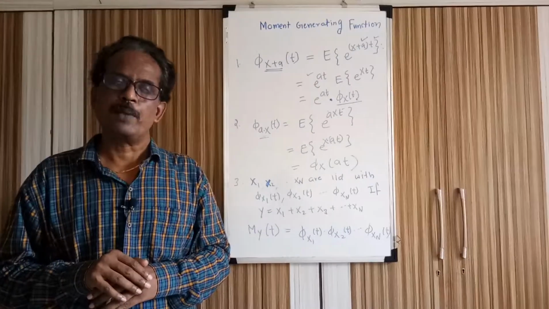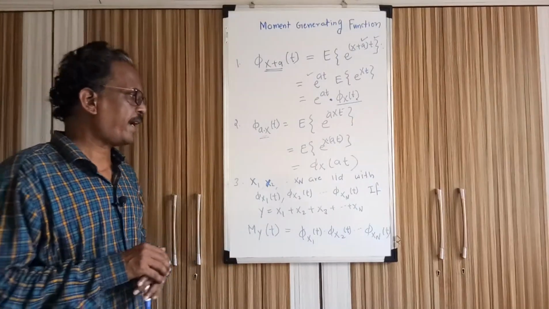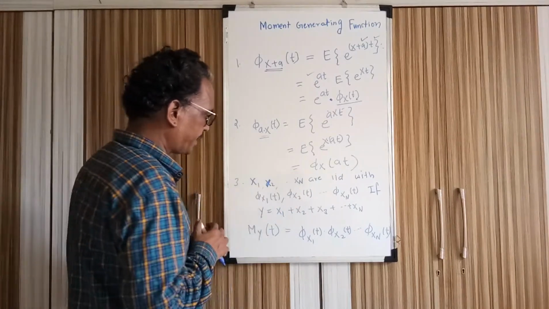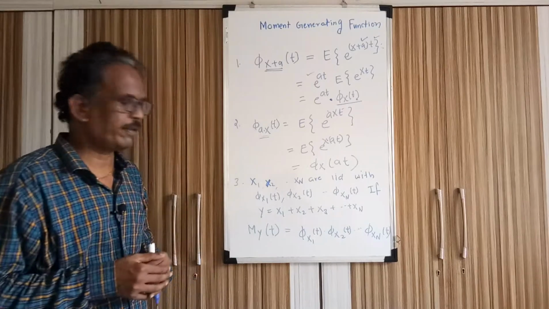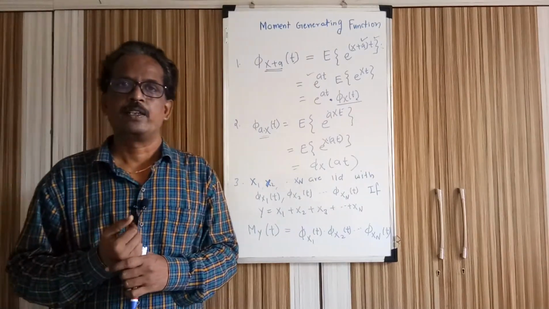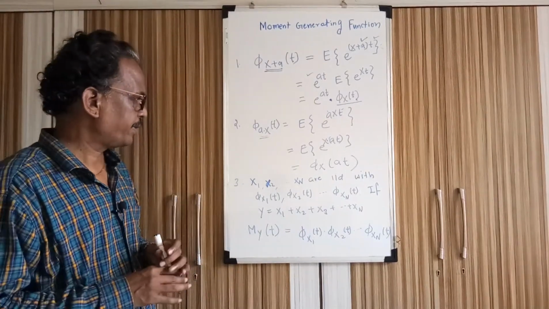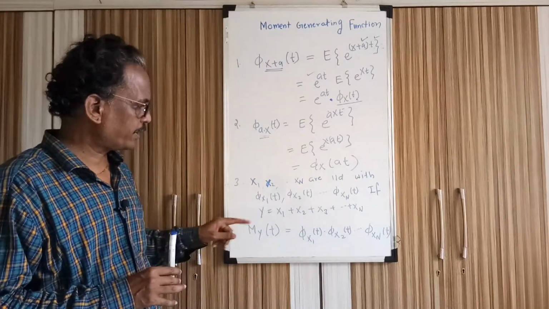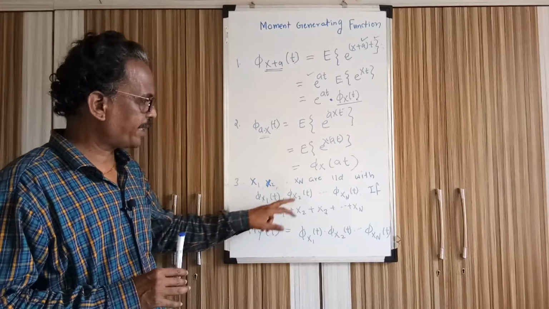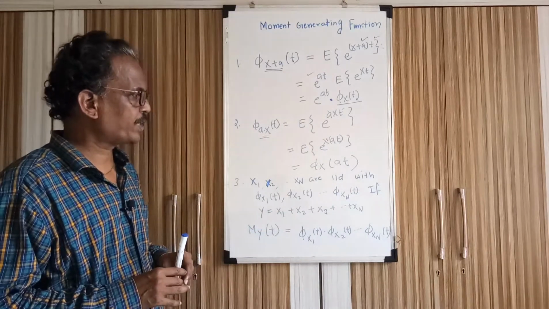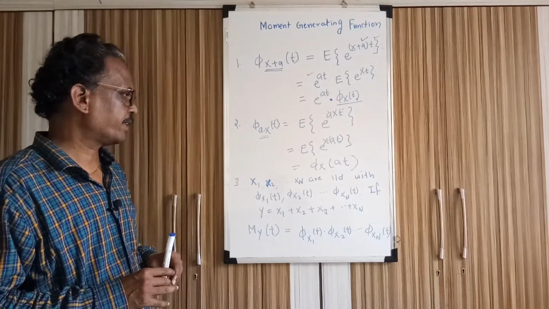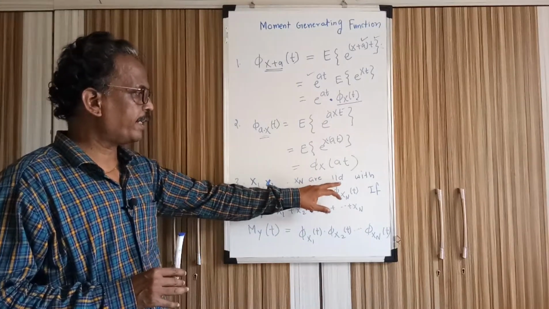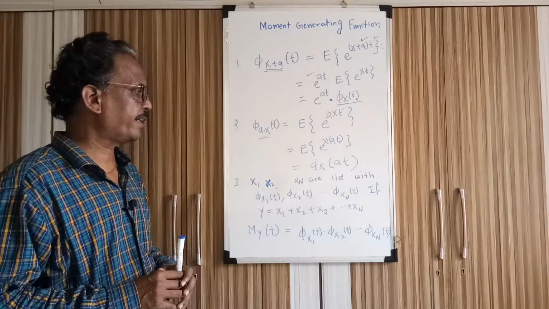If we add these n random variables, we get a random variable y. The variables x1, x2, up to xn are IID with moment generating functions phi x1 of t, phi x2 of t, and so on up to phi xn of t, which are known to us.